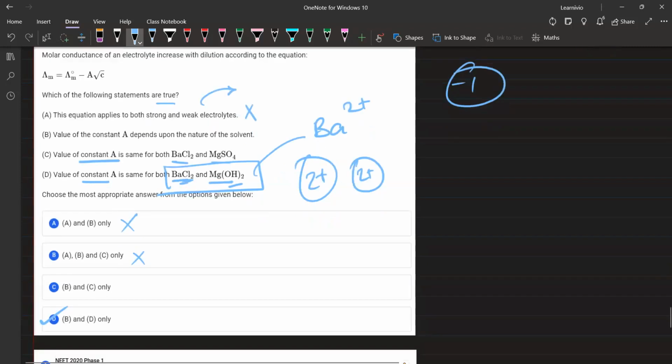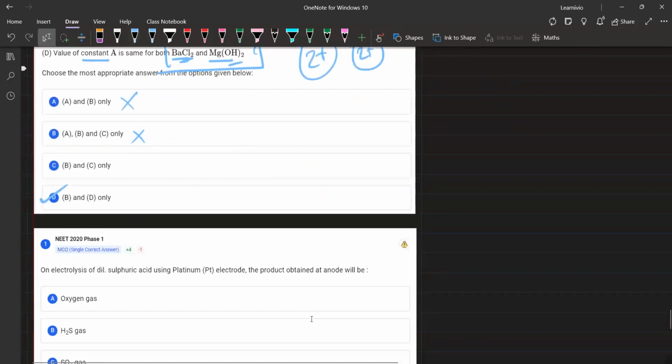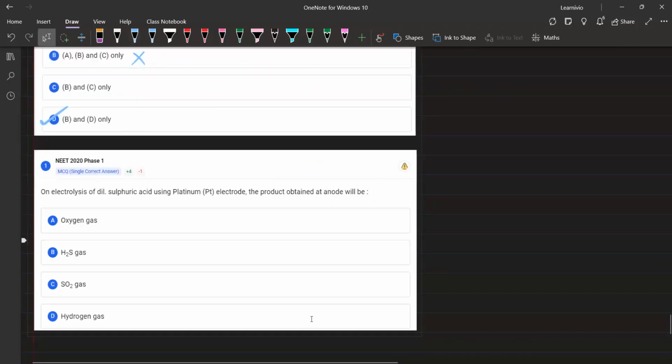Okay, moving on. Try this. Dilute sulfuric acid using platinum electrode.